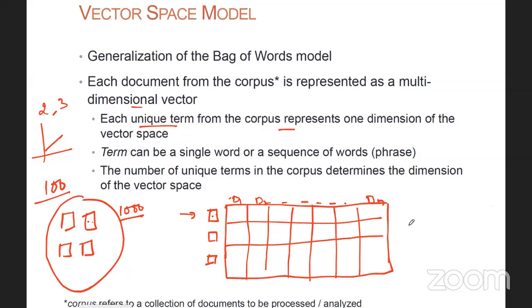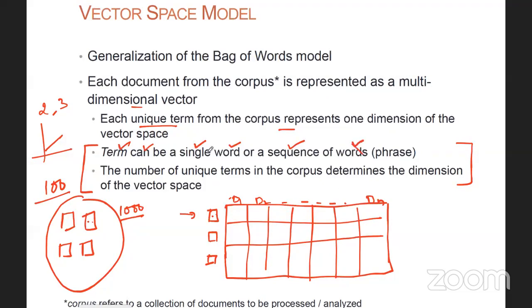So the dimensionality of the vector space depends on the number of unique terms in the documents of the corpus. Let me take a simple example. Just assume that this is my corpus, and 2 reviews are there. What I would do is take the unique terms in this corpus. This is one unique term, this is another, this is another, this is another.